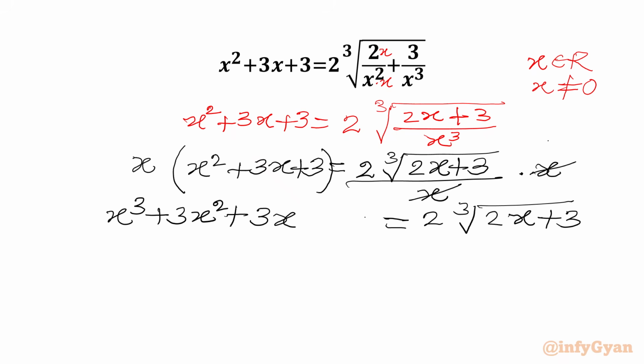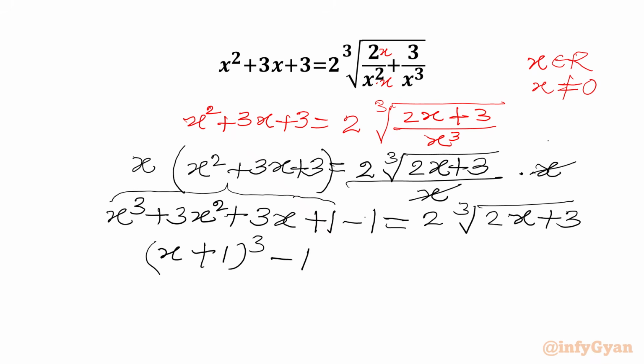Here we have x cube plus 3x square plus 3x. If I will add 1, then we'll be getting x plus 1 whole cube. So we need to subtract 1 also. So here I can write this is x plus 1 whole cube minus 1 will be equal to 2 times cube root of 2x plus 3.